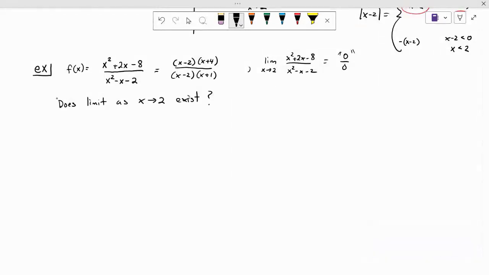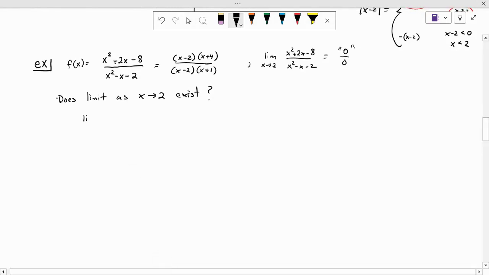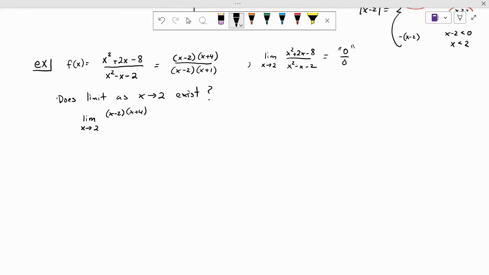So to answer this question, we might have to do some algebra. And the answer turns out to be, yeah, the limit exists. Maybe not an example for one-sided, because these do cancel, and we would get 6 over 3, so that's 2.